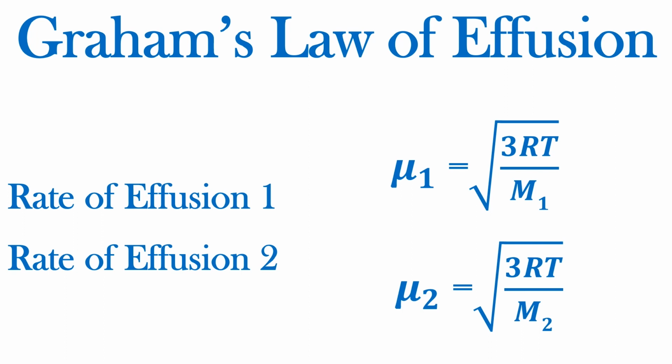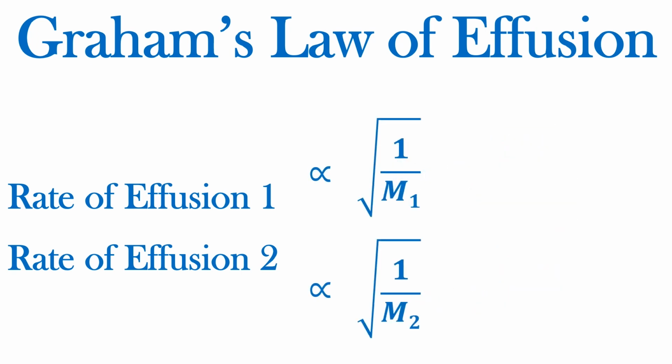Here we see the root mean square velocity of two gases. Thomas Graham proposed a simple yet elegant equation to compare two gases under the same temperature and pressure conditions. Since the square root of 3RT is a constant, we can say that the effusion rates of two gases are inversely proportional to the square root of their molar masses.